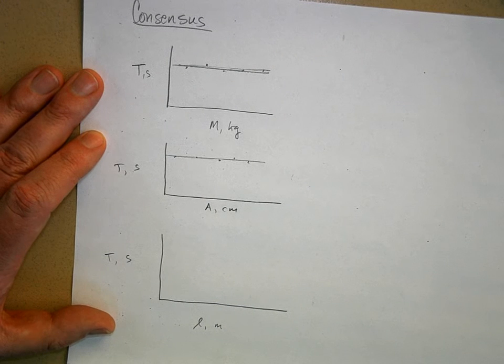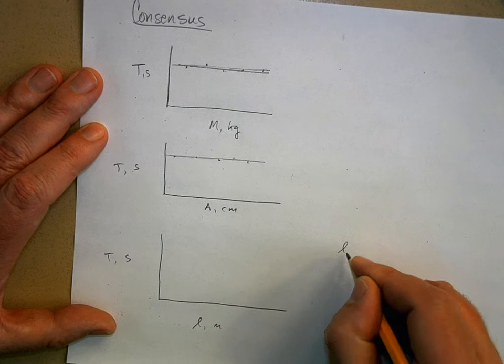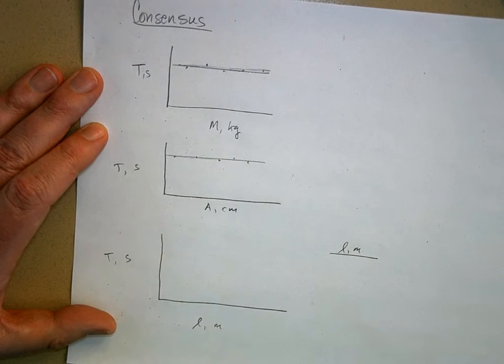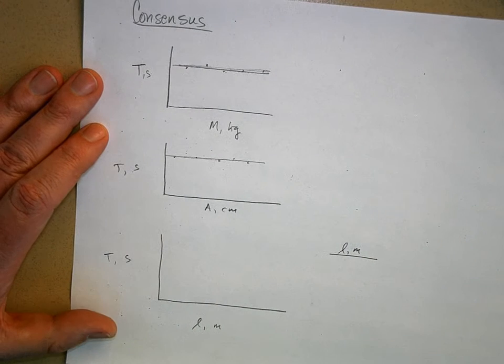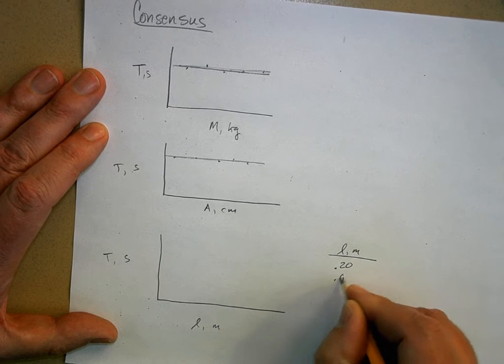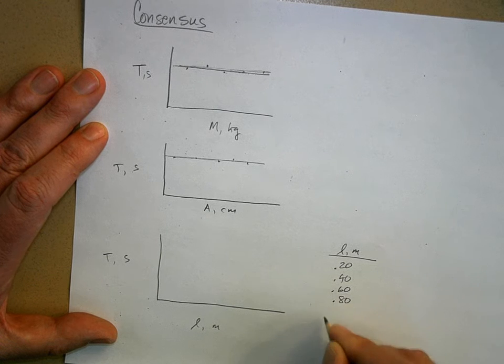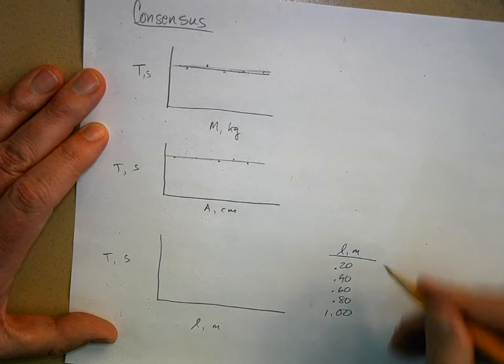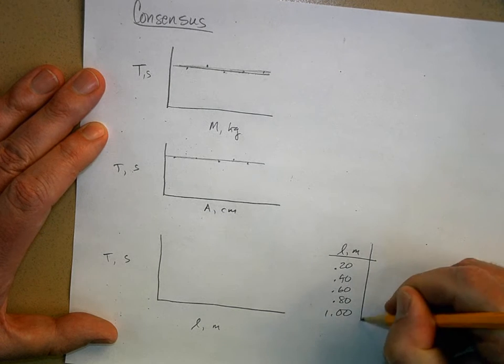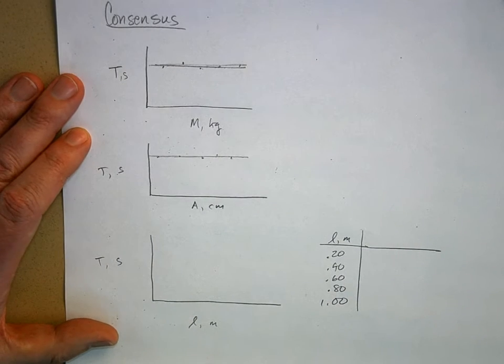You have them in centimeters. So for length in meters, here's what you had: 20, 40, 60, 80, 100. Well, 0.2, 0.4, 0.6, 0.8, and 1.0. And here's the period that you measured.